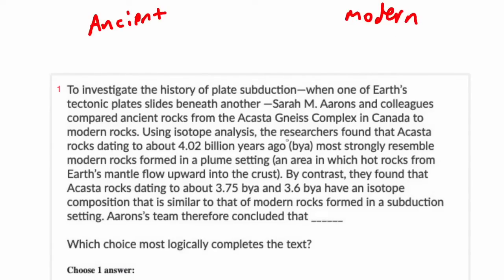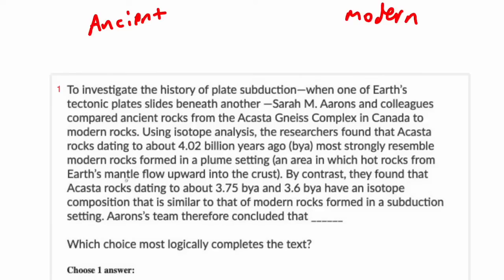Okay, and they found that the rocks dating to about 4 billion years ago, that's pretty ancient, most strongly resemble modern rocks formed in a plume setting, that is, an area in which hot rocks form from Earth's mantle.